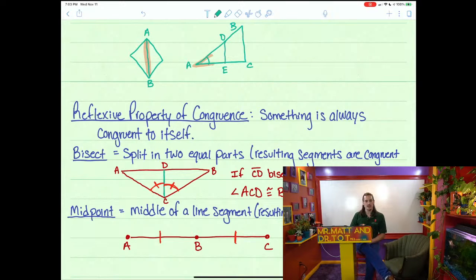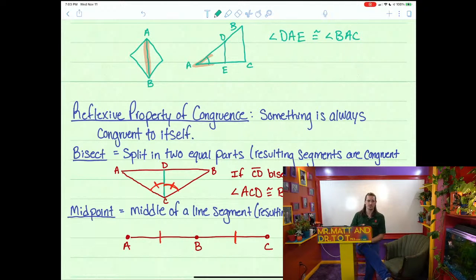So they both share that angle, so we could say that, let me write that out, angle DAE, I should have said, is congruent to angle BAC in the larger triangle because they share the same angle. It is the same thing. So that's what the reflexive property tells us.